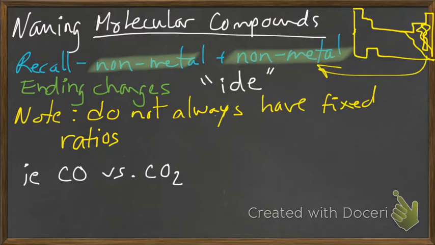My ending always becomes IDE. It doesn't matter what the compound is. Whatever element is there, the ending changes to IDE. Also note that these do not always have fixed ratios. Again, that'll make sense when we do some examples.